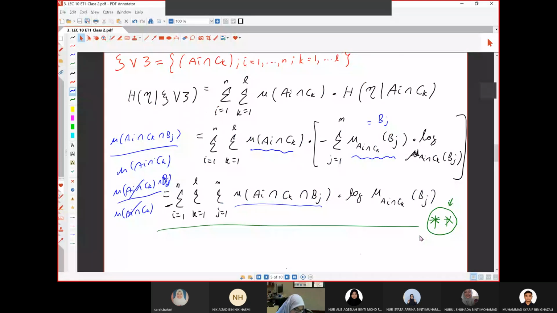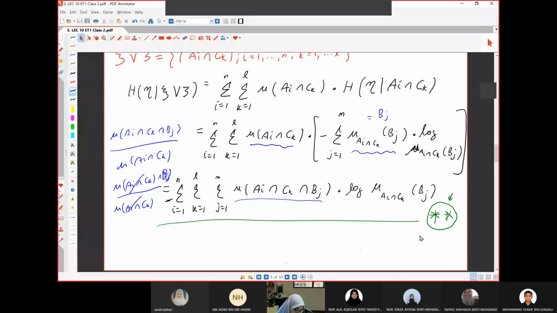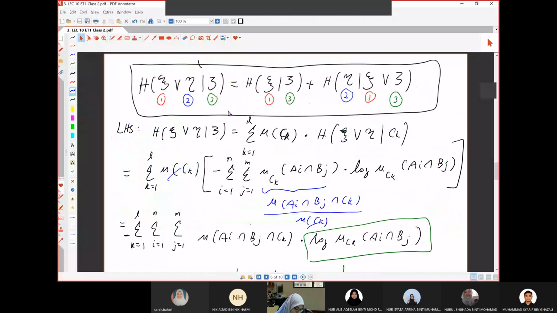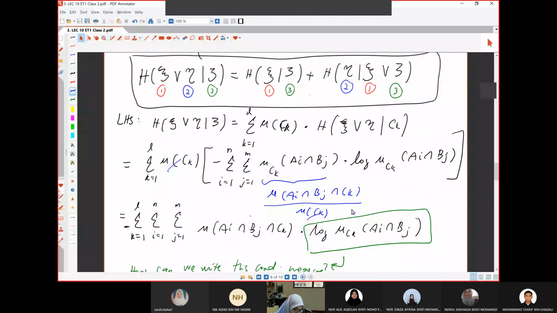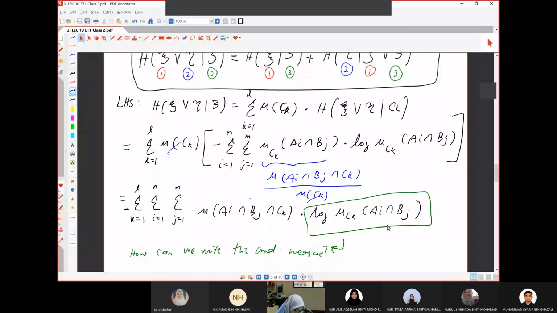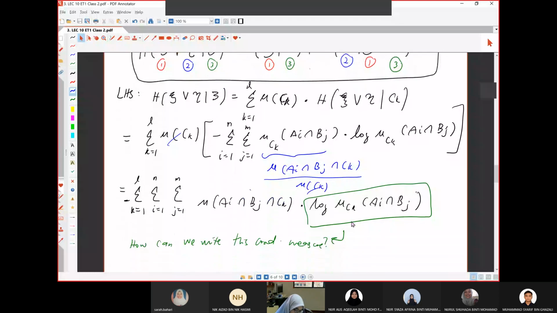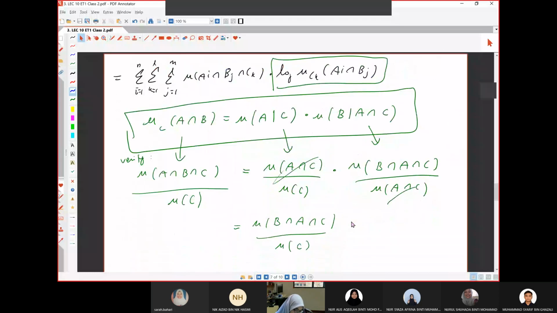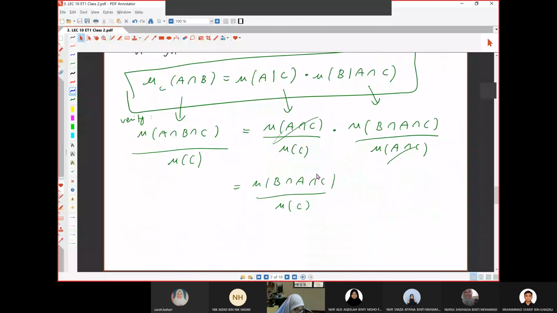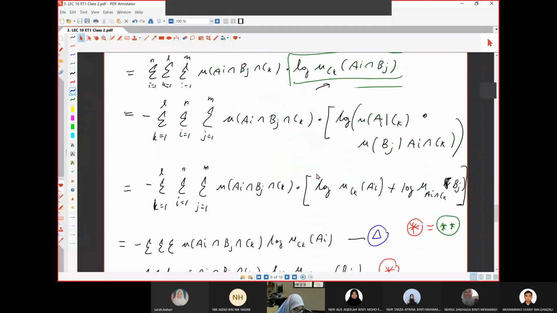So the left hand side. Now we want to verify from the left hand side. We must use some of the properties of the conditional measure. So this measure we change into this form, and then we write it into our formula here, and I got it in terms of log.